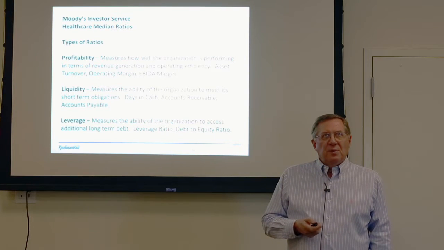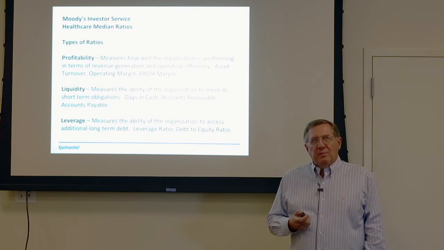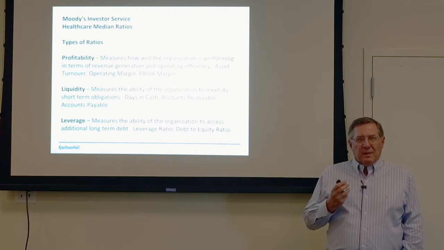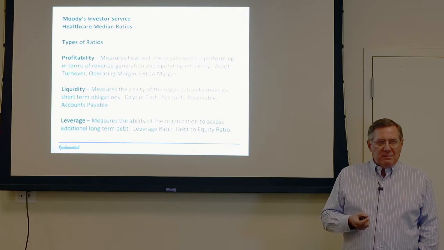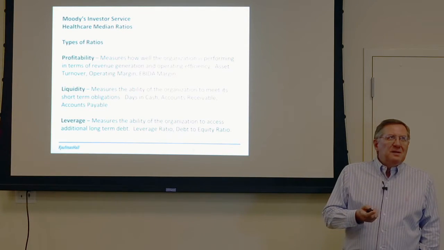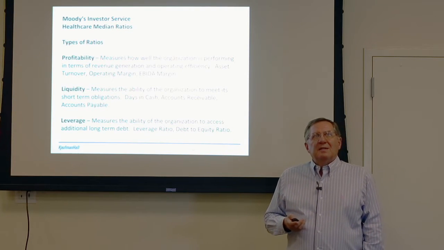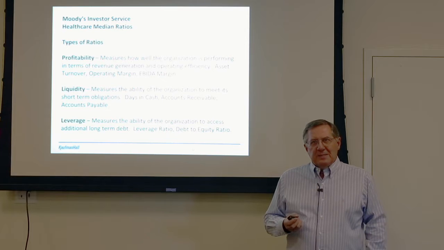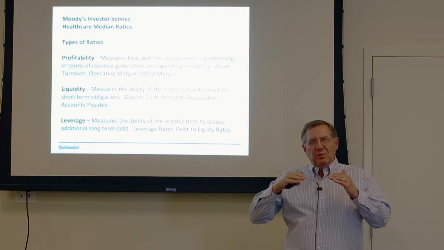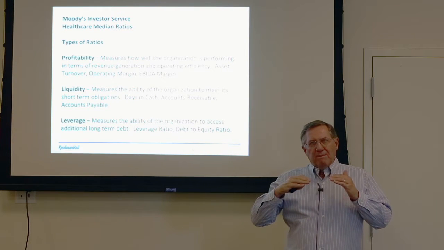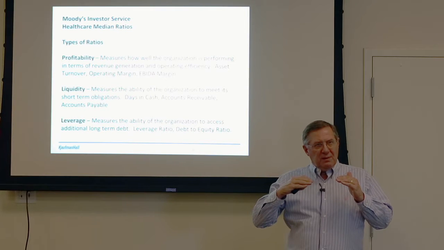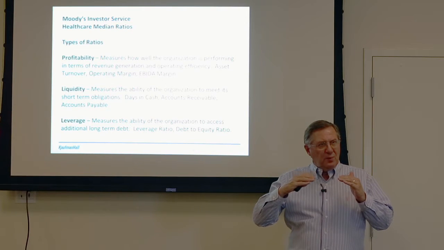And then leverage is really, do you have the ability to issue additional debt? And these different ratios, leverage ratio, debt to equity, capitalization ratio. A simple way to think of it is you can generally borrow as much long-term debt as you have in equity, 1-to-1.